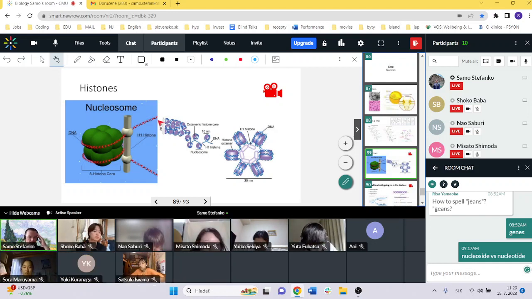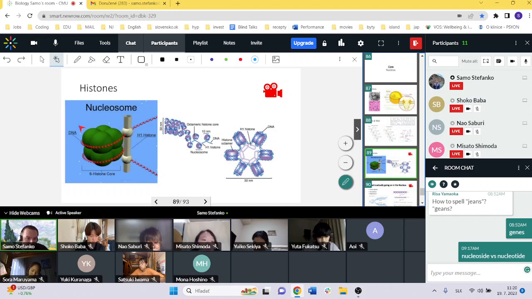So they wrap DNA around. This is just one unit we call a nucleosome. Nucleosome is one histone with the DNA wrapped around. And as you see here, one nucleosome is just this.